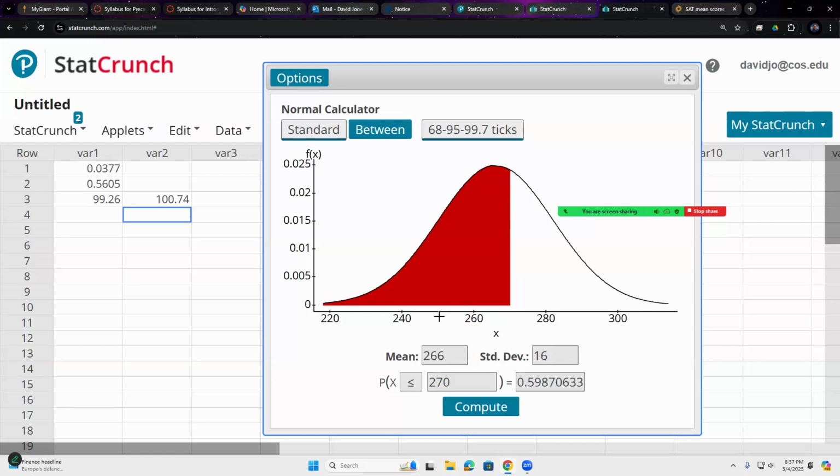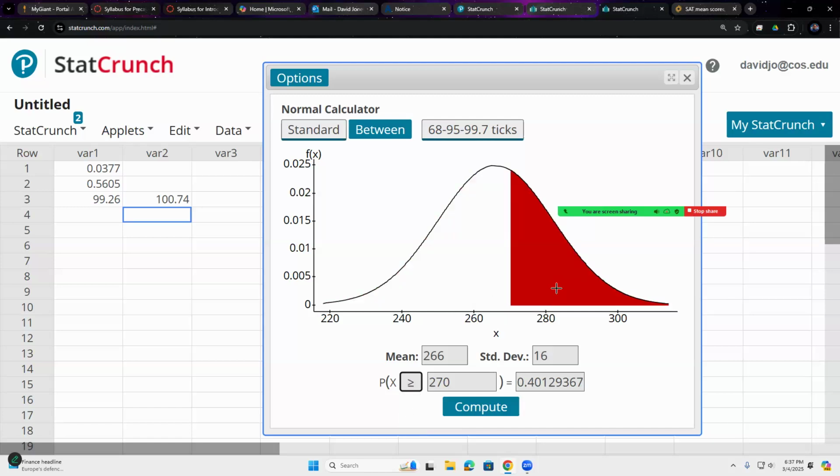It's giving me numbers that are lower than 270, which tells me my sign is wrong. So if you have the wrong area shaded, it'll tell you, if you just think about it. Just think about it, use reason. So more than 270 days is almost 40%. 0.4013.